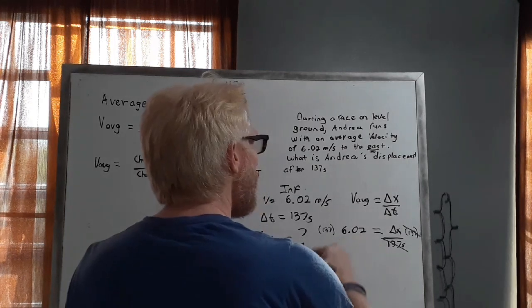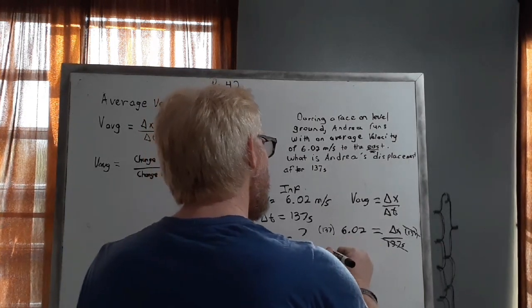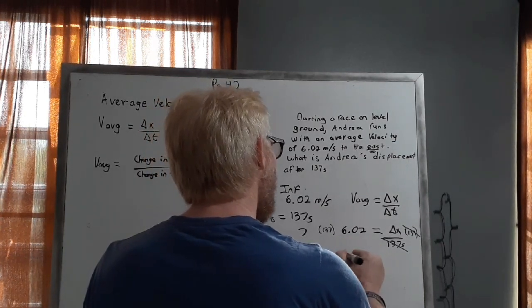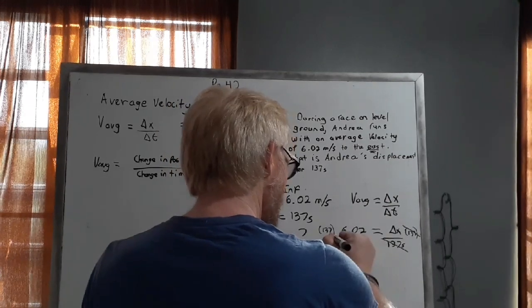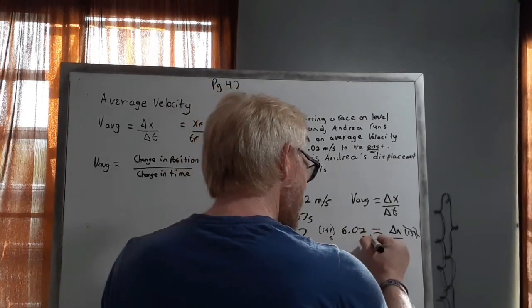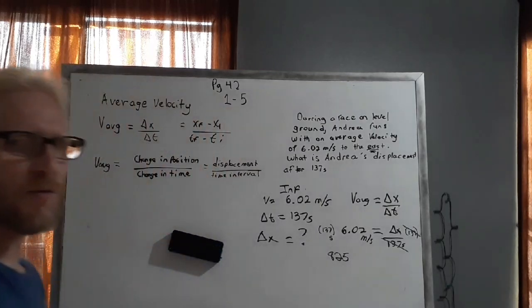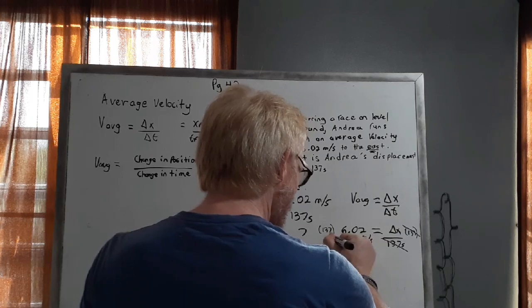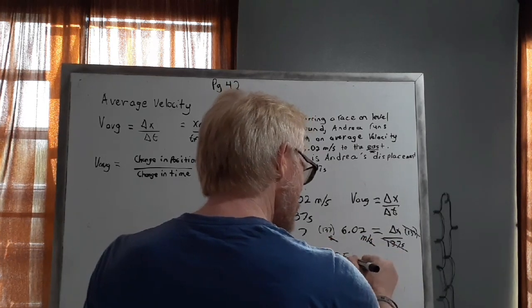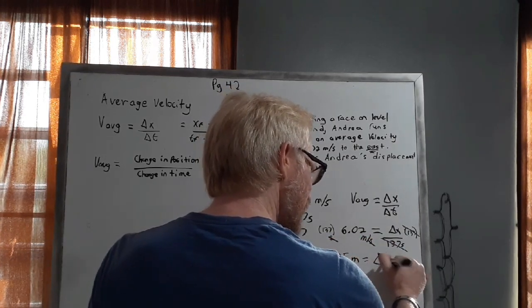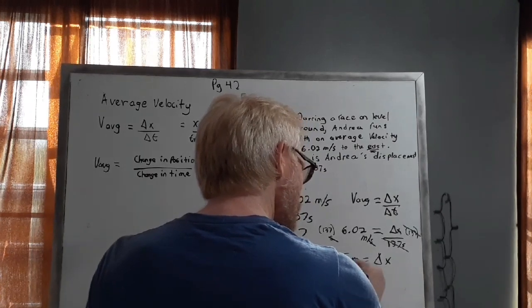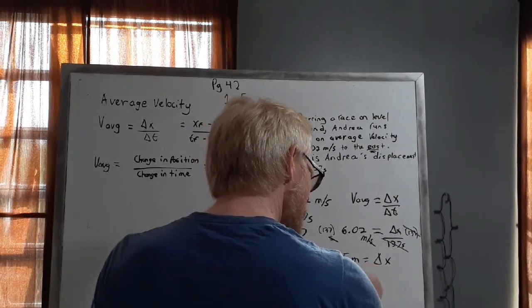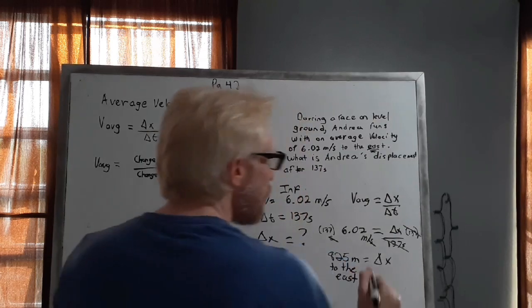And 137 times 6.02 is 825. And we have seconds and we have meters per second, right? Because seconds is the unit of time, meters per second is the unit of velocity. Seconds cancels out with seconds, so 825 meters is our change in x, and 825 meters to the east, to be more specific. So it's really simple.